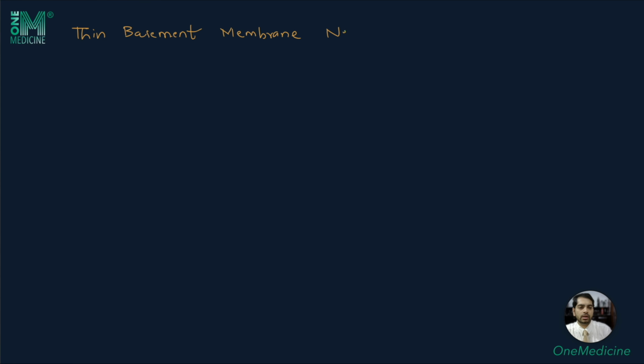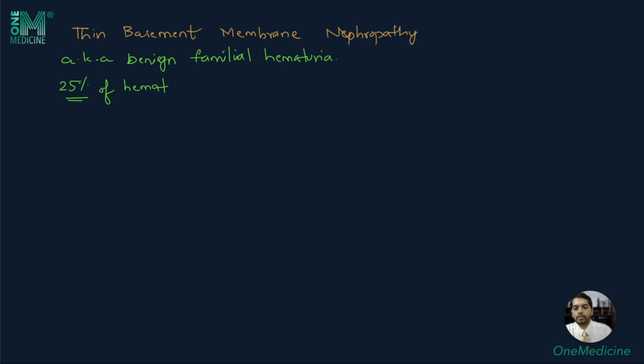Let's look at the first important cause of asymptomatic urinary abnormalities, that is thin basement membrane disease or thin basement membrane nephropathy. This is also known as benign familial hematuria, and this can be a cause for up to 25% of isolated hematuria that is sustained in the absence of proteinuria.